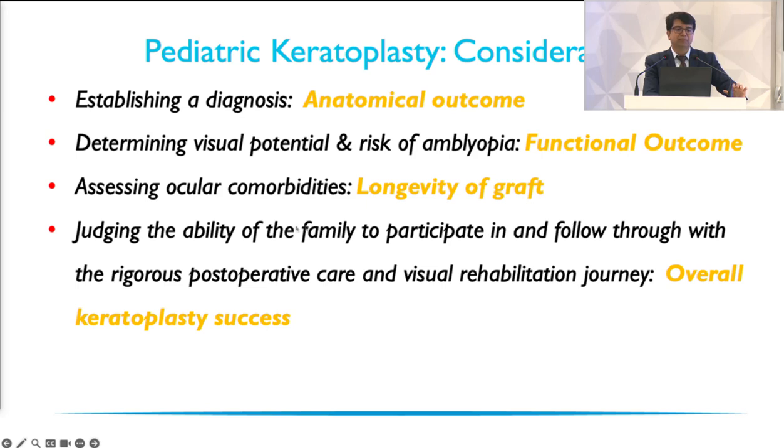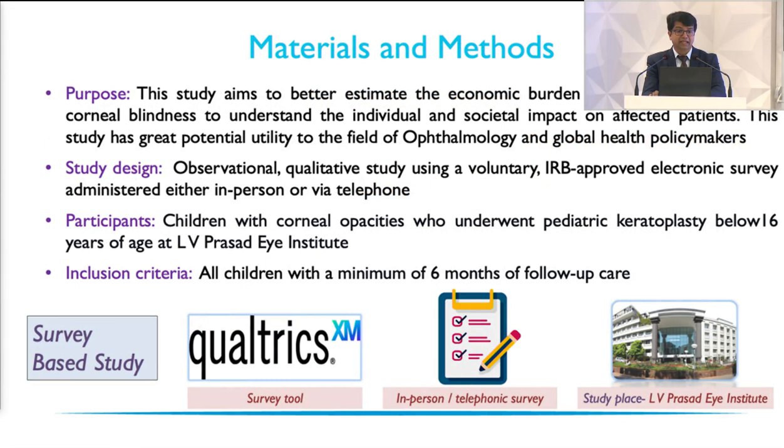And one of the most important things is the ability of the family to participate in rigorous post-operative follow-up and a visual rehabilitative journey, which is key for overall keratoplasty. So the very premise of our work is based on this last factor, the socio-economic one. More than anything, I think this is one of the key indicators for the longevity of the graft.